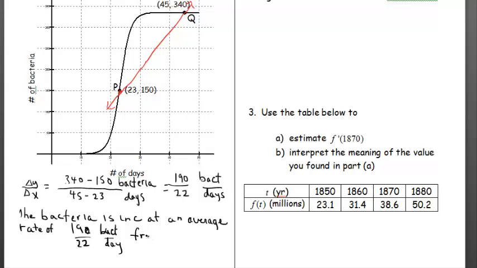And this is on the time interval from day 3 to day 45.